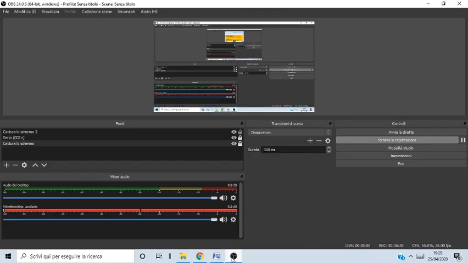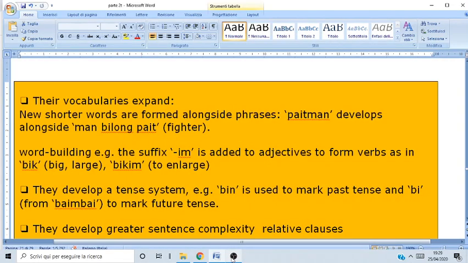Again, so what happens in the passage from a pidgin to a creole? Well, they become not only faster, and so this influences the way in which people speak, but also their vocabulary expands. This means that there are shorter words that are used alongside longer phrases. So what a pidgin would describe as a man belong fight.